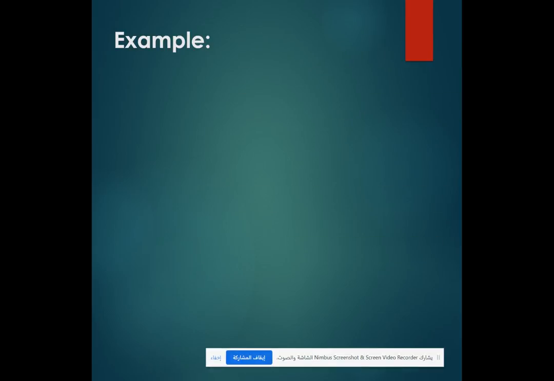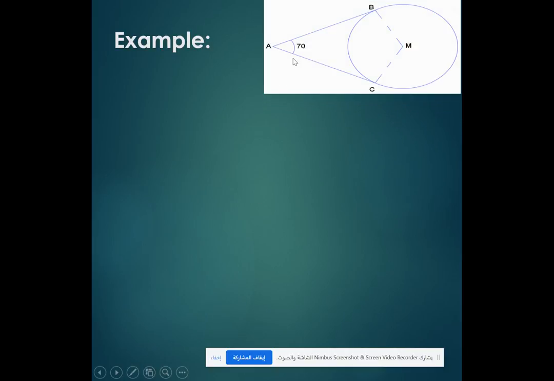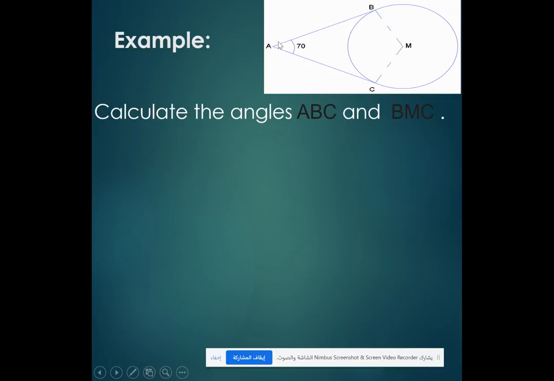This example is talking about theorem number 11, which is clear in front of you. If the measurement of A is 70, you need to find the measurement of B, C, and BMC.